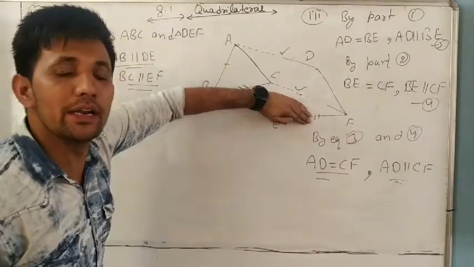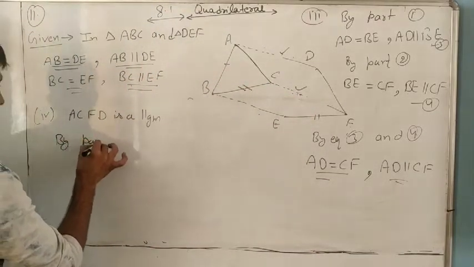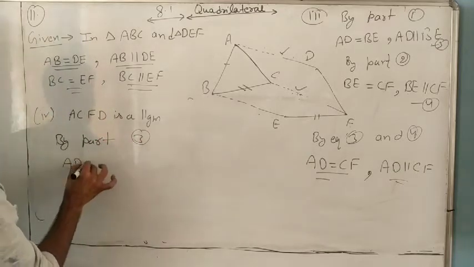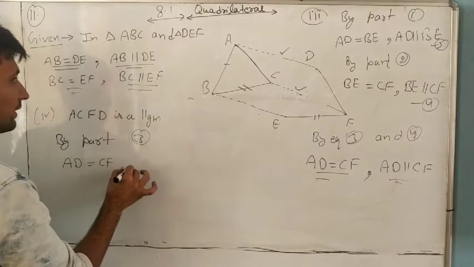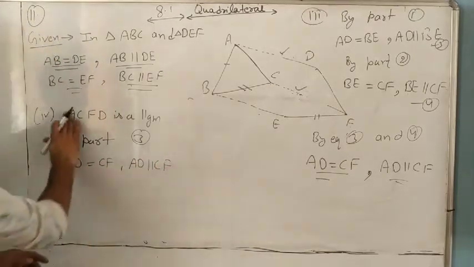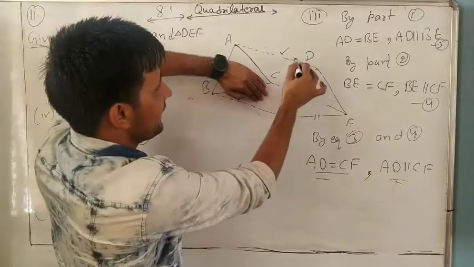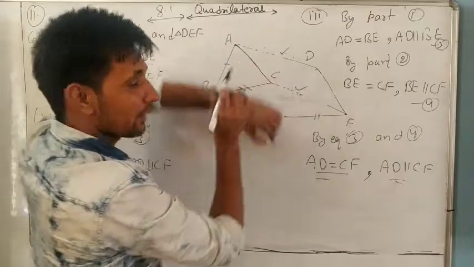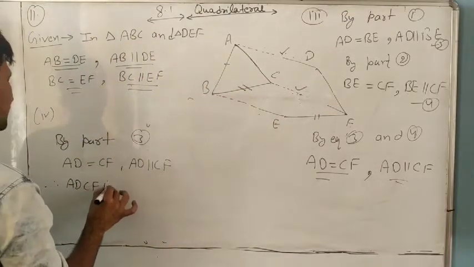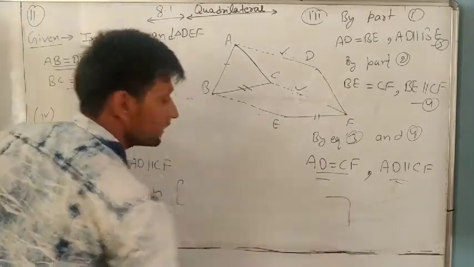We already proved that in the third part. By part 3, AD equals CF and AD is parallel to CF. So therefore ACFD is a parallelogram. You can write the reason yourself.